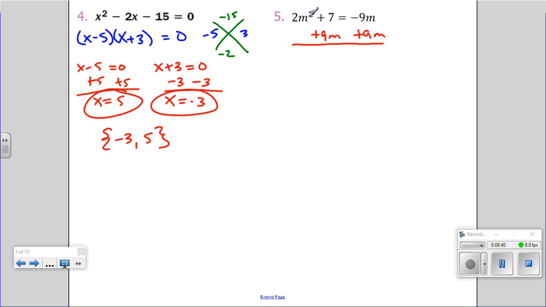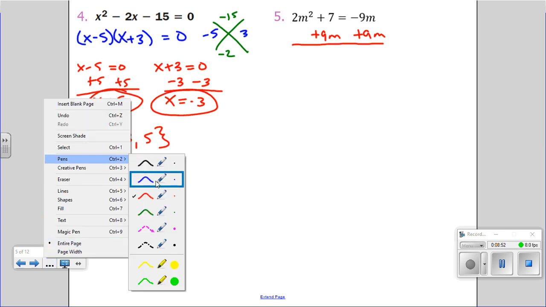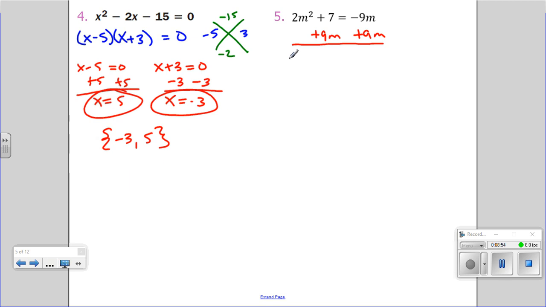So the term with the largest power should stay positive at any means necessary if possible. So after I add 9m to both sides, the equation would now say 2m squared plus 9m plus 7 equals 0.